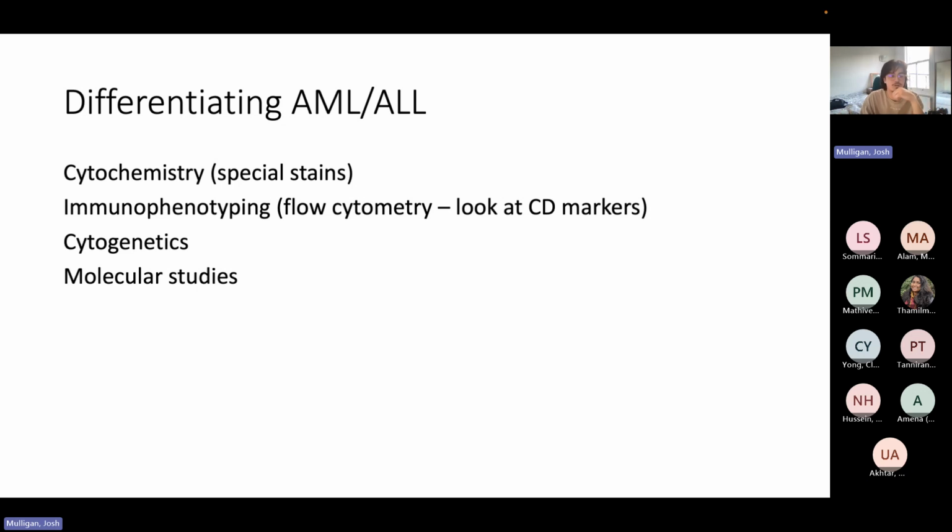And you can do this with cytochemistry, so the chemistry bits, which suggests certain stains, and immunophenotyping. You can take advantage of the molecular markers on the surface and try to isolate cell types by that. That's what these CD markers are here.